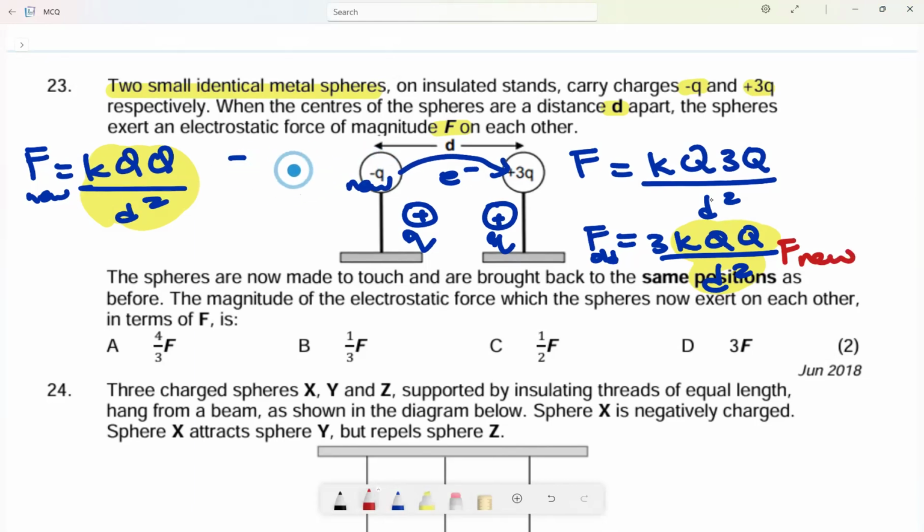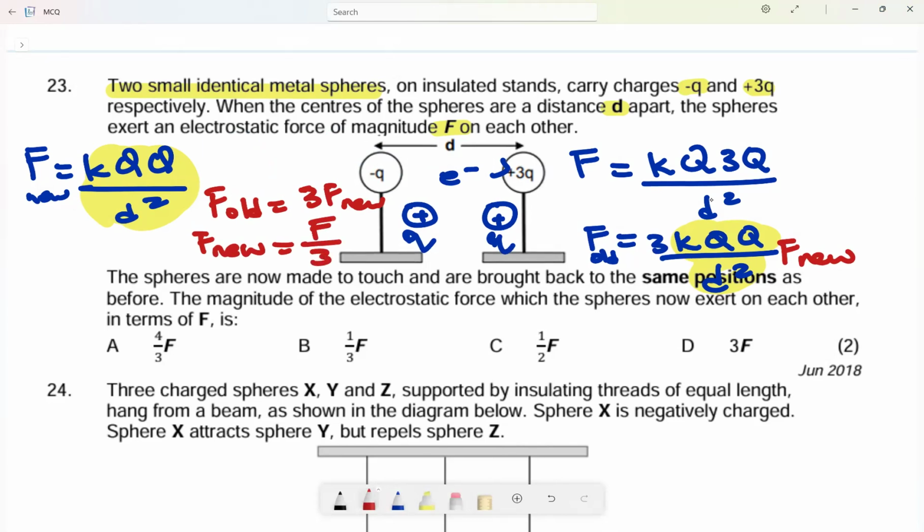Hence F old is equal to 3 times F new. We want the magnitude of the new force in terms of F, so the new force is F divided by 3, which is 1/3 of the old force. So the most correct answer is B.